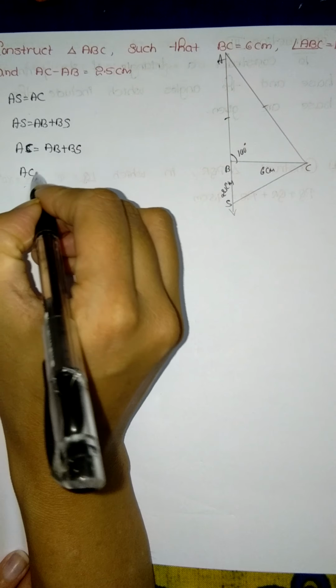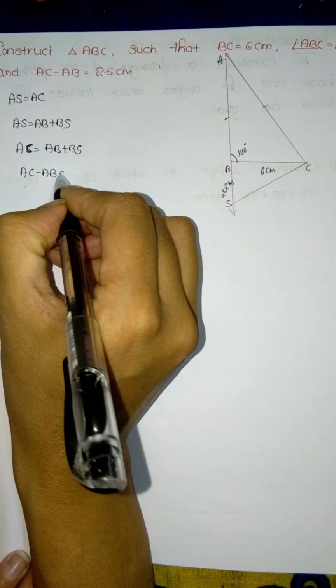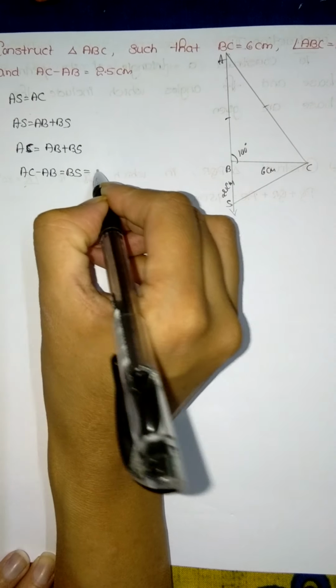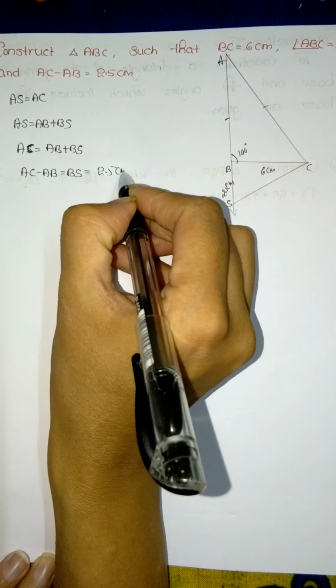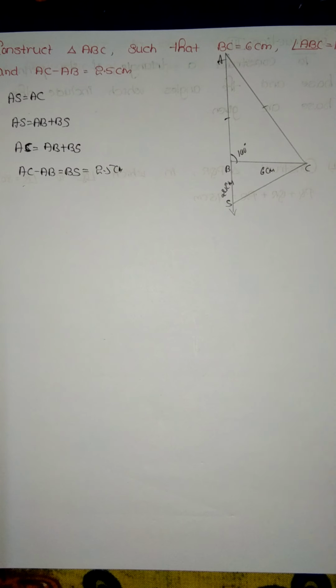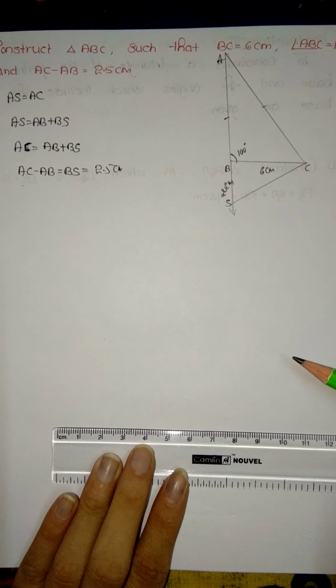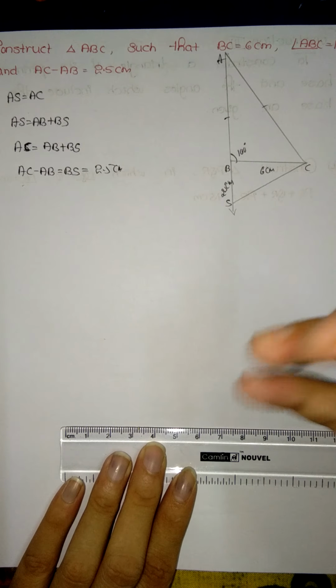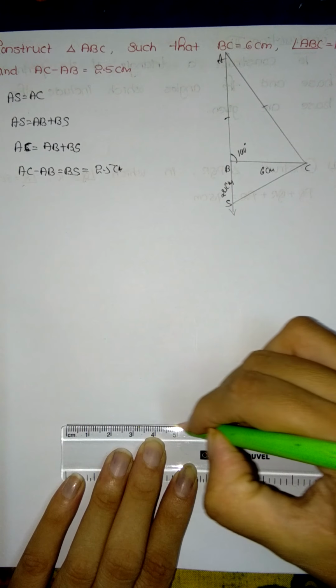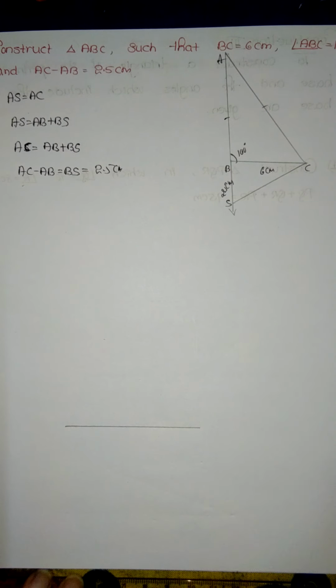So AC minus AB equal to BS, that is 2.5 centimeter. So how do we construct this? First draw the base 6 centimeter, that is BC.